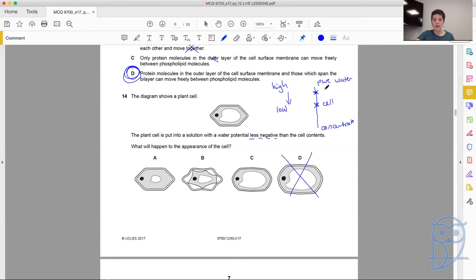This would be our solution. So now we can see that the water is going to move from the solution to the cell. So this loss of water from the cell that's represented in A and B is wrong. The answer is C. Water is going to move from the solution into the cell. So the vacuole will enlarge and the contents of that cell is going to press against the cell wall.